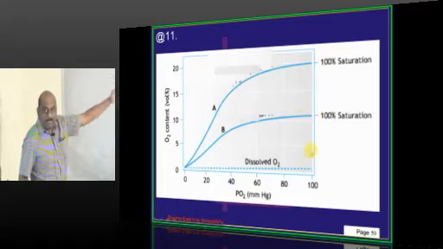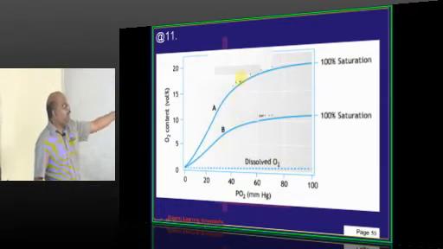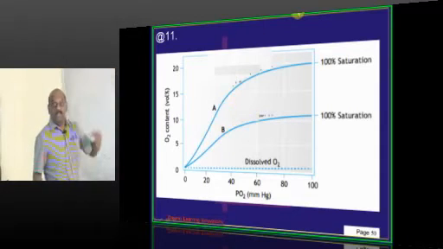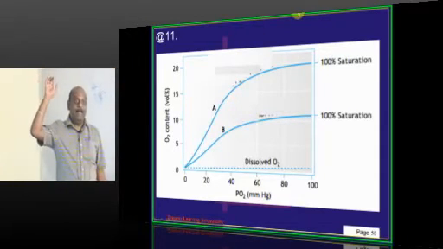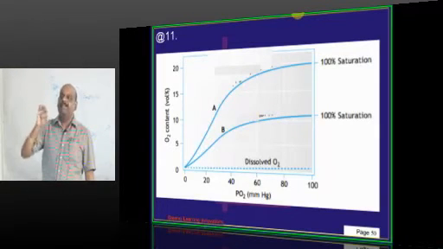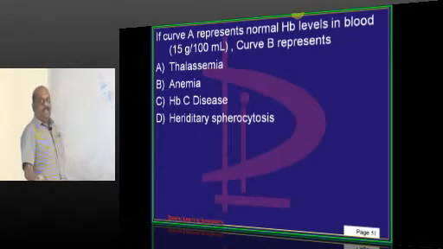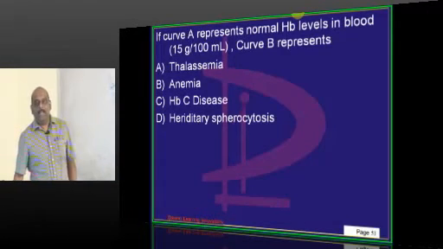If there is a difference in saturation between the two, if this hemoglobin is unable to achieve 100% saturation, then it is a hemoglobinopathy, abnormal hemoglobins like methemoglobinemia, etc. That is what you need to understand. So, do you have cyanosis in an anemic patient?